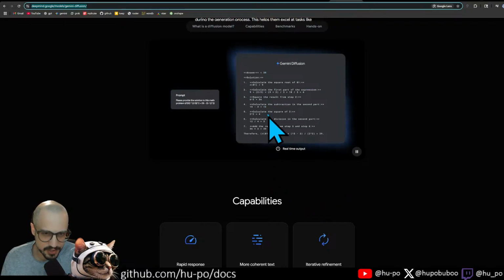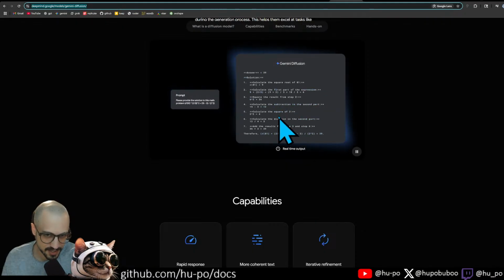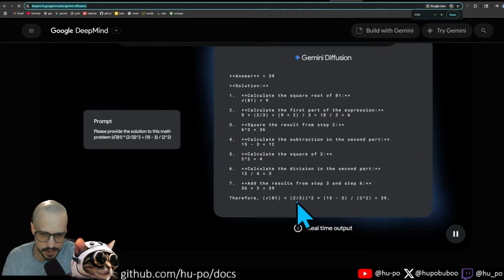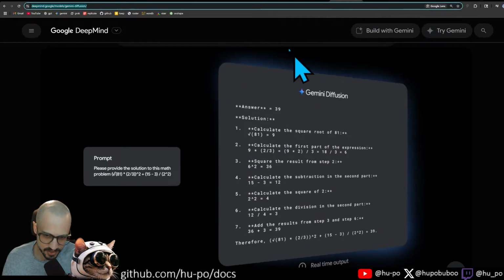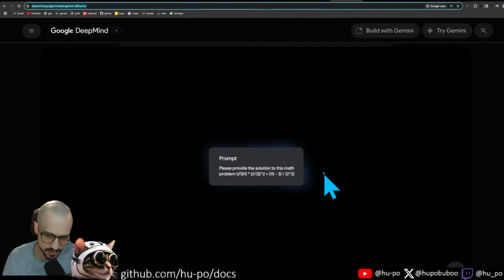They are very cool to look at. In this case, you give it a prompt, which is a math question, and then it diffuses the answer out of text space. It's hard to see because they do it quite quickly, but in this little animation, the text starts off as noise and then diffuses out. You can see the tokens shifting.